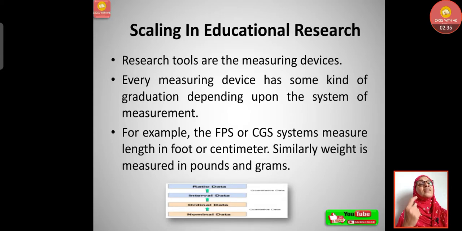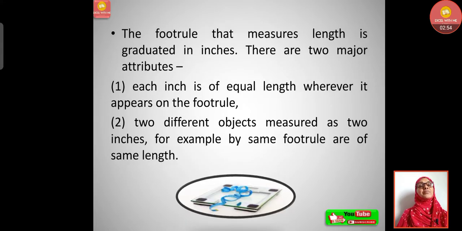For example, the FPS or CGS systems, that is, measure length in foot or centimeter. Similarly, weight is measured in pounds and grams also. So these are the examples where we measure easily here. These are the systems. The foot rule that measures length is graduated in inches, obviously.